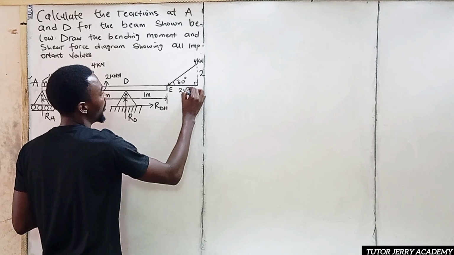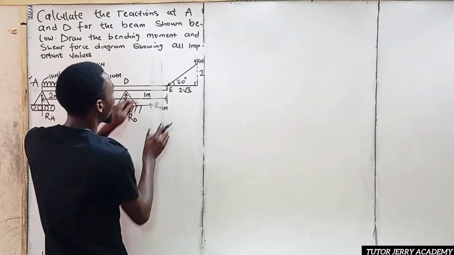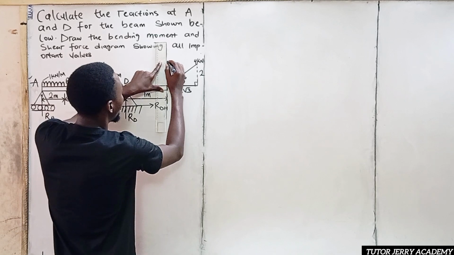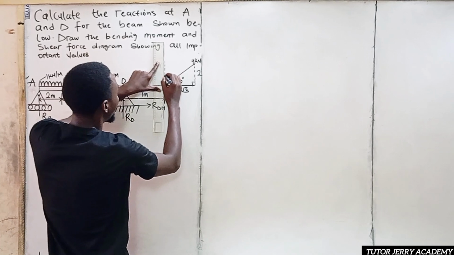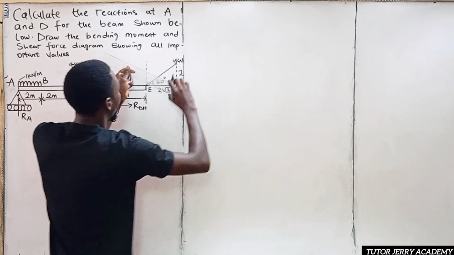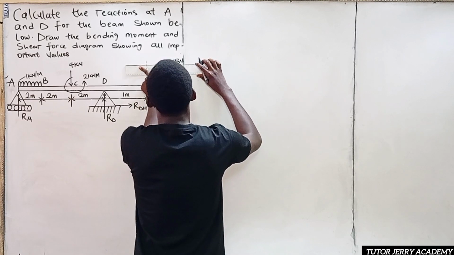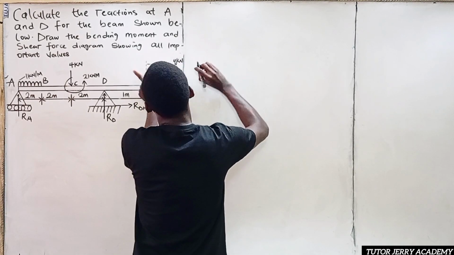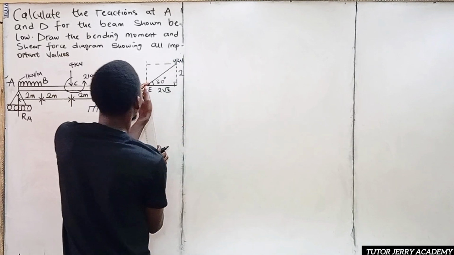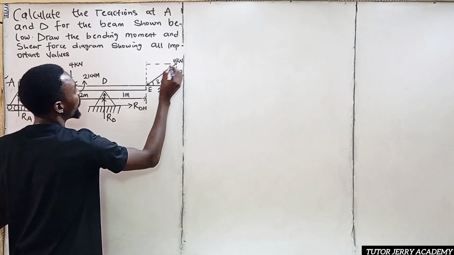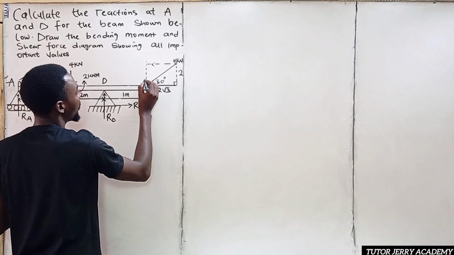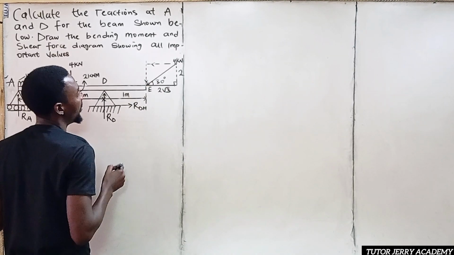2 root 3. Now if you look at this carefully, if I trace this line and this part, you will observe that we have this force coming in this direction and this one going in this direction.